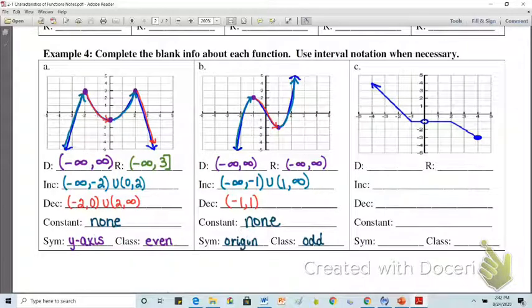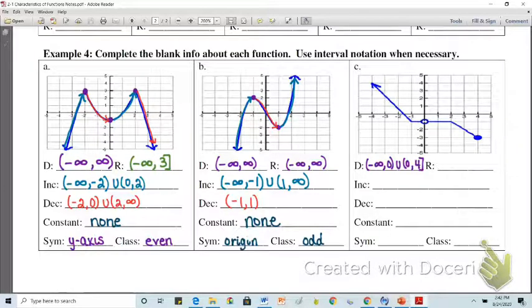Last one. You'll notice I have a hole. So when I take my domain, I need to keep that in consideration. So my domain is going to be negative infinity to 0. That's where the hole is. And then it's 0, but the graph ends at 4.